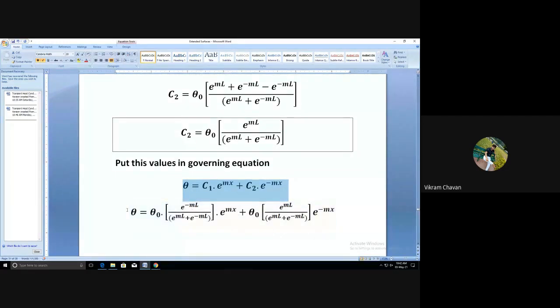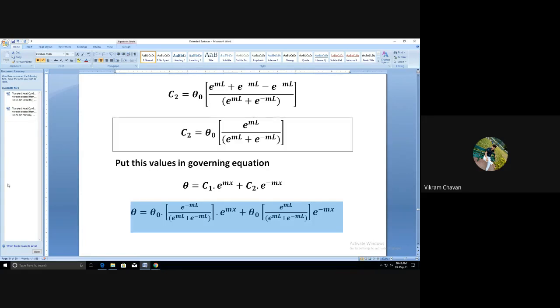Then we will get the equation as theta is equal to C1, where C1 is theta naught multiplied by inside the bracket e raised to minus ml, whole divided by e raised to ml plus e raised to minus ml, square bracket complete, multiplied by e raised to mx as it is, plus C2. C2 we have determined as theta naught inside the bracket e raised to ml, whole divided by e raised to ml plus e raised to minus ml, multiplied by e raised to minus mx as it is.